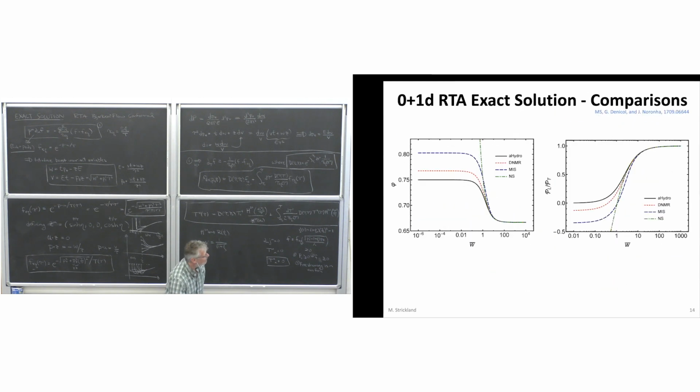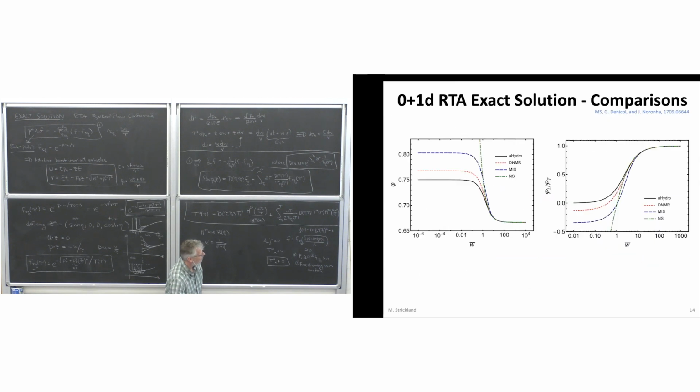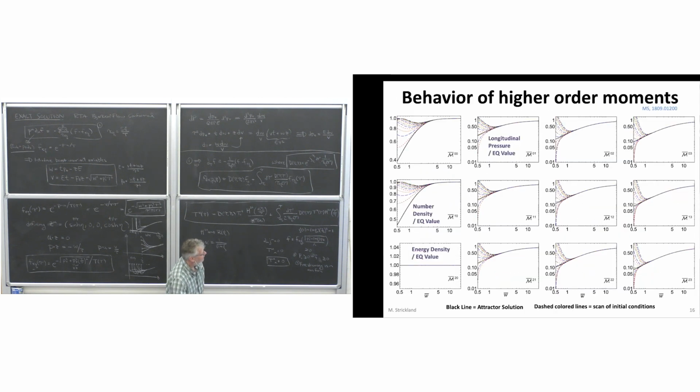All right, so what happens to the other moments? So as I said, after you solve that integral equation on the top, you can plug it into that big boxed equation on the bottom and get all moments. And in this plot from 2018, I just varied the initial conditions around, and what I saw was that every single moment collapsed.